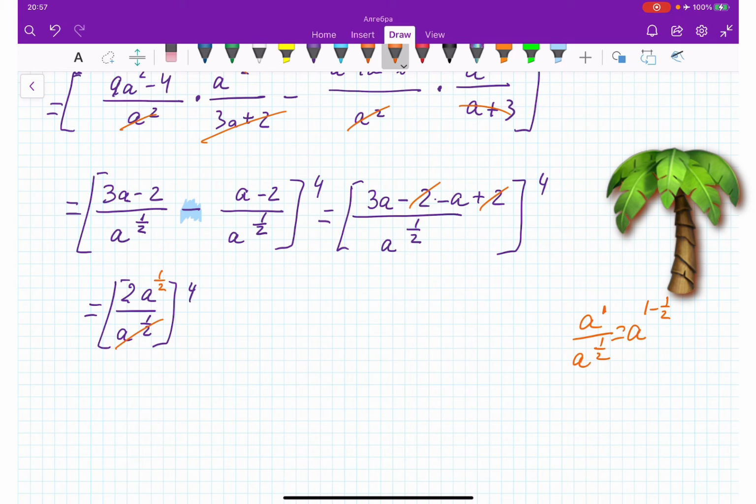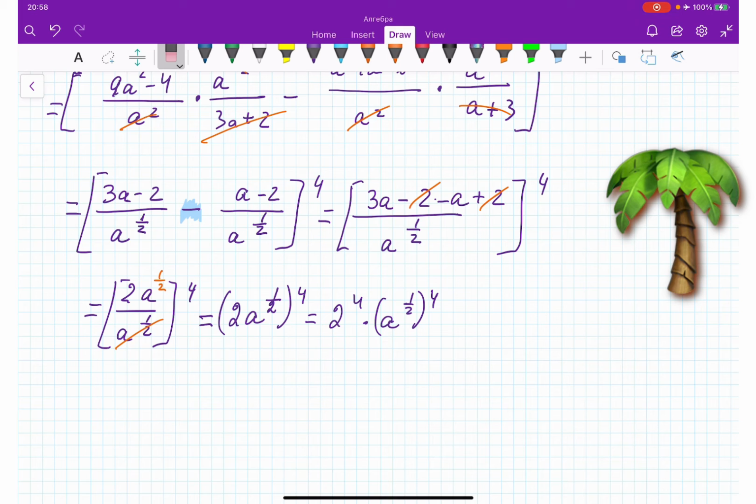And the result is 2a to power 1/2 raised to power 4. And we are getting 2 to power 4 times a to power 1/2 to power 4.